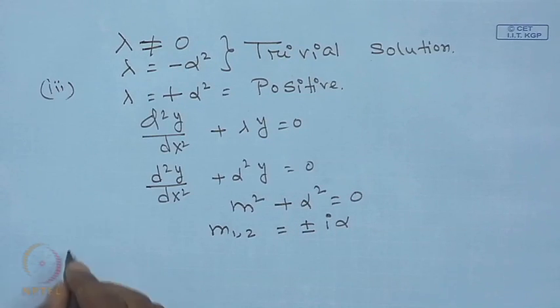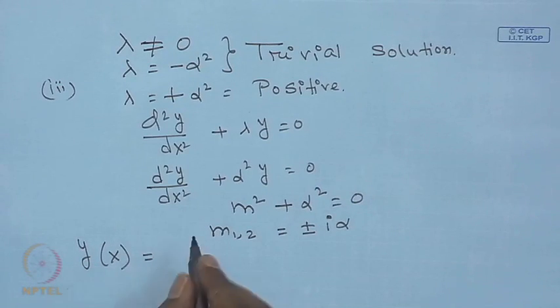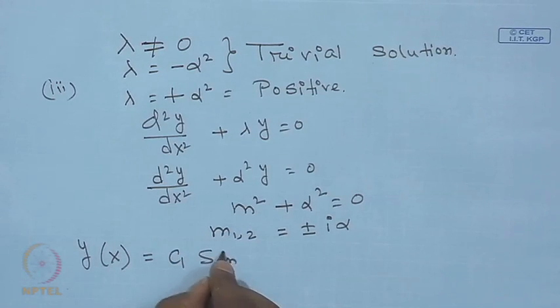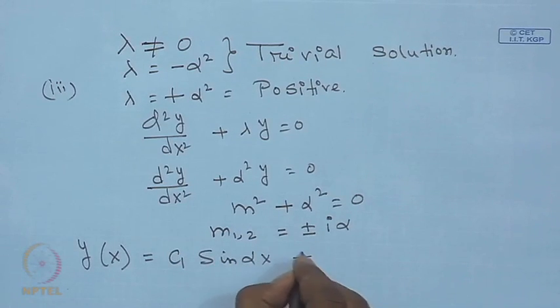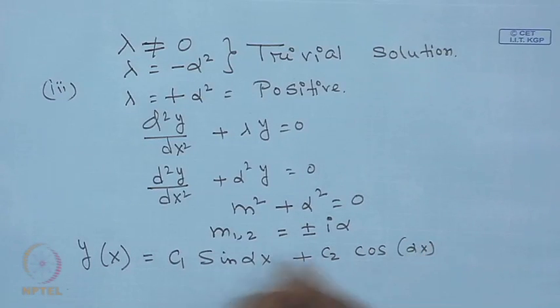Therefore, the solution will be composed of sine functions and cosine functions, periodic functions. So, y as a function of x becomes c 1 sine alpha x plus c 2 cosine alpha x. That is the form of the solution, and let us put the boundary conditions and evaluate c 1 and c 2.